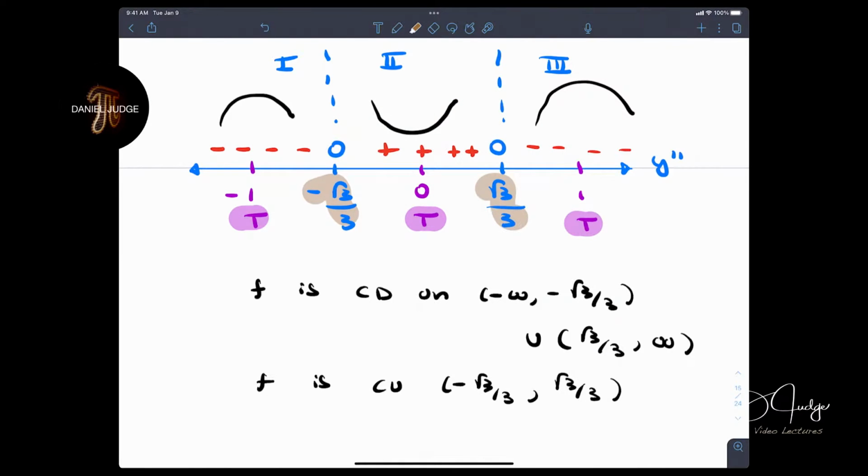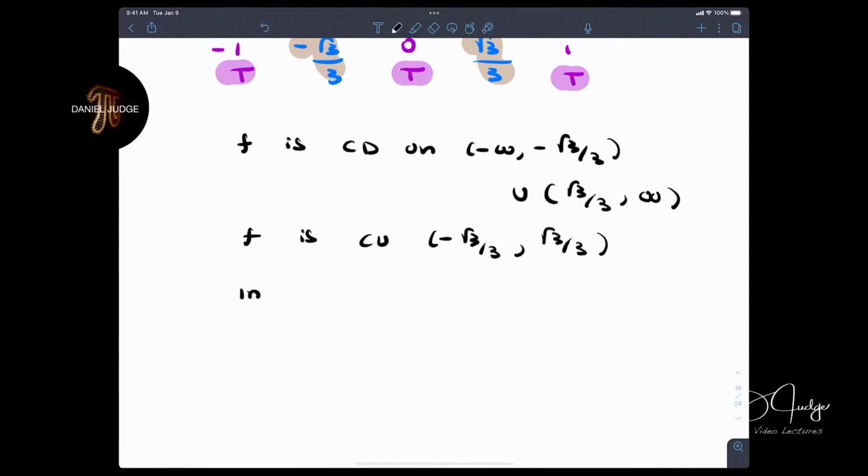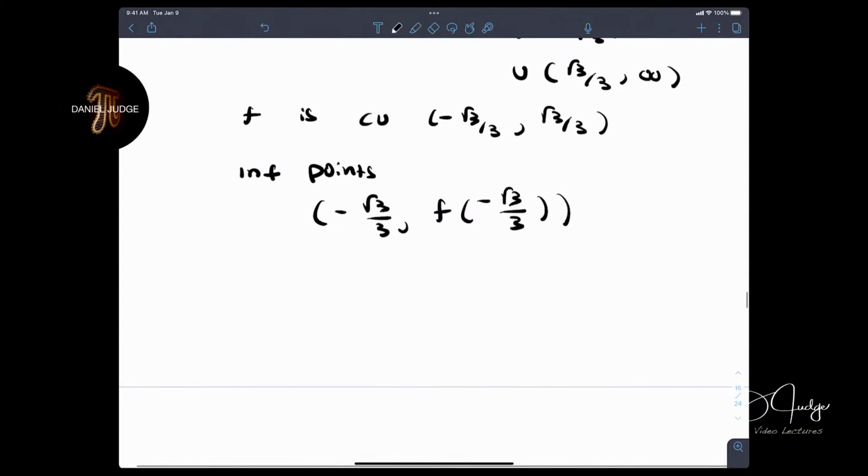Right? We change concavity at these values. So you'll have a pair of inflection points: minus square root of 3 over 3, f of minus square root of 3 over 3, and positive square root of 3 over 3, f of positive square root of 3 over 3.